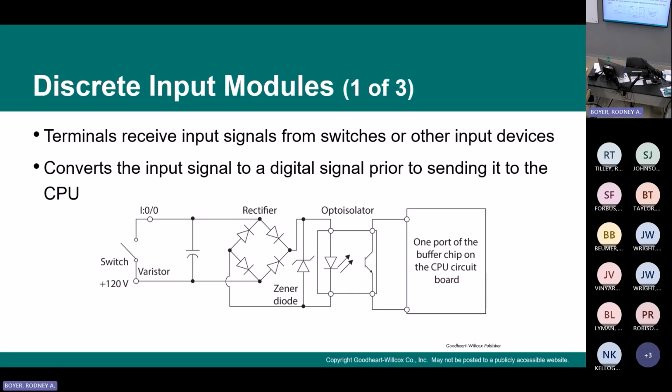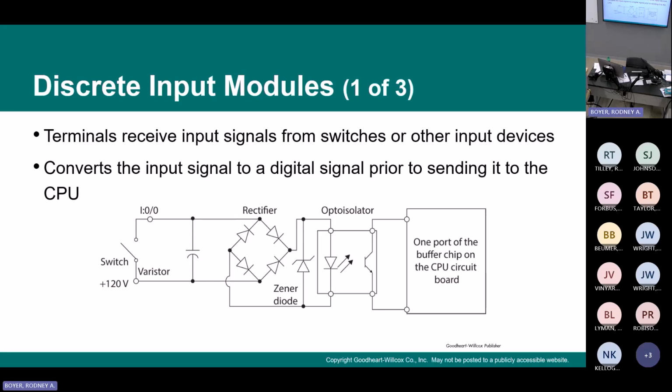You will learn that in electricity 1. Basically, a rectifier takes an AC signal and converts it into DC. Then that Zener diode is a special kind of diode that basically works like a voltage regulator. Make sure that the signal does not go above 5 volts.